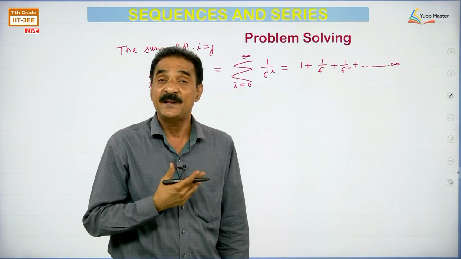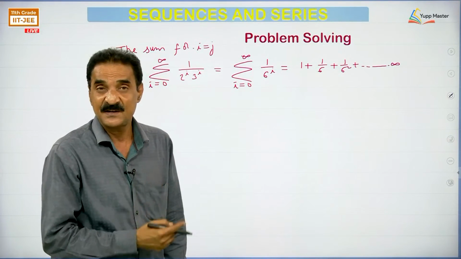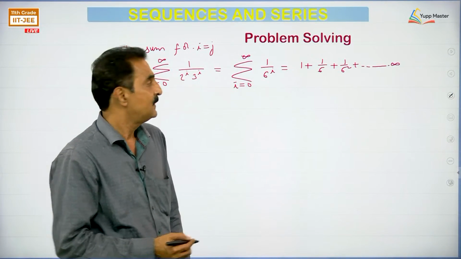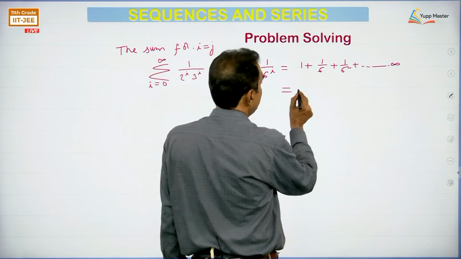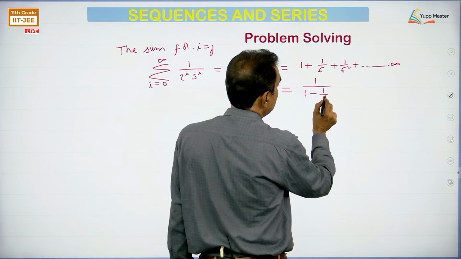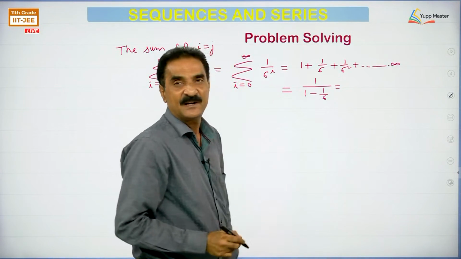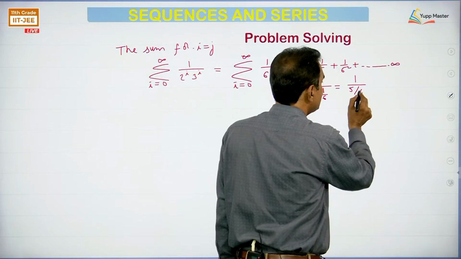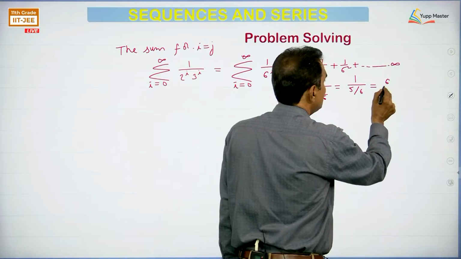It is an infinite GP with first term 1, common ratio 1 by 6. Alright. So, what is the sum? a by 1 minus r, 1 by 1 minus 1 by 6. How much will you get? 1 by 5 by 6, or 6 by 5.